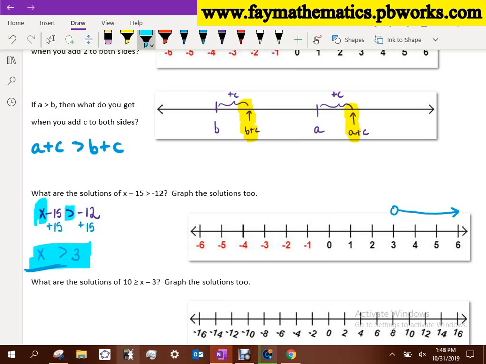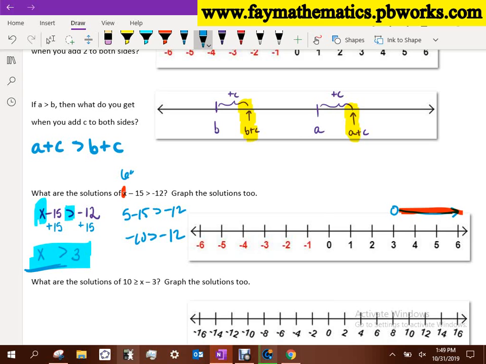Okay. Now, what does that mean? That means I've got an infinite number of answers. That means any number that I choose that is over here, when I plug in for that x, will work. So what will be a number that's over here? Give me any number that is bigger than 3. Okay, 5. So I should be able to go 5 minus 15. That should be bigger than negative 12. Is negative 10 bigger than negative 12? Yeah. Okay. What if I choose, this goes up to 6, but is like 600 on here?